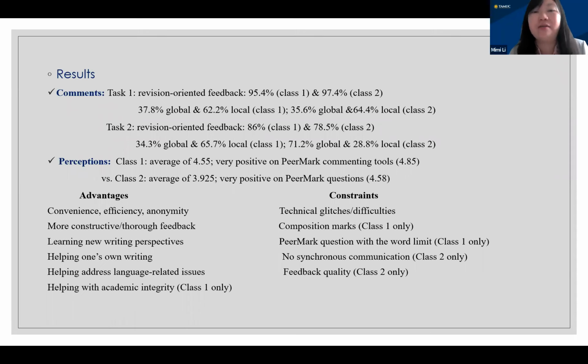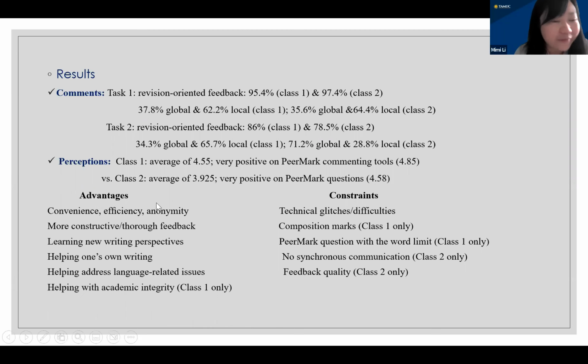So you can tell the ELCL students have less positive feedback on the Turnitin PeerMark activity. However, they show very high and positive feedback on the PeerMark questions because they feel those questions guide them and scaffold them during the peer review activity.